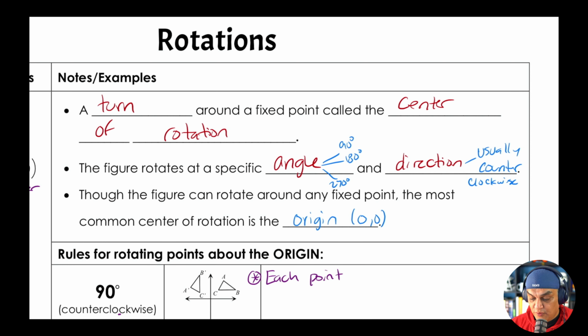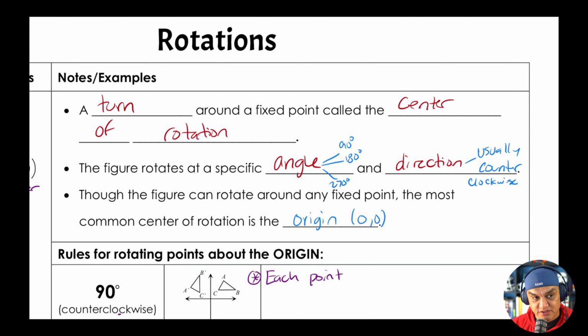Okay, so the figure rotates at a specific angle and direction. What angles are we going to use? We're going to use 90, 180, and 270. Those are the only three we're going to look at: 90-degree rotation, 180-degree rotation, 270-degree rotation. And what direction are we going to be looking at? We're usually going to go counterclockwise.